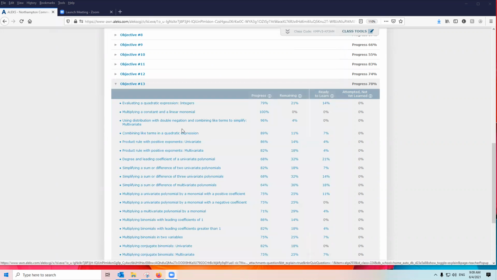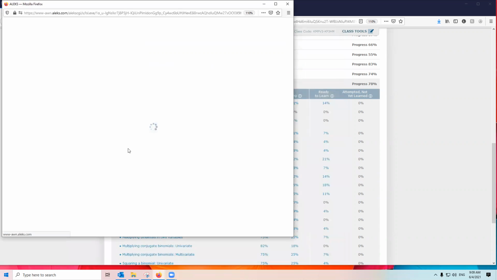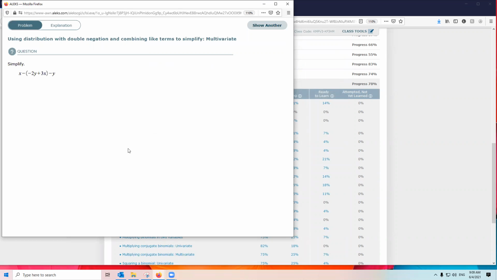All right, let's go to using this distributive property. In this example, they're asking us to combine like terms. Remember, like terms means you have the same variable with the same exponent on it. So if I'm adding 3x plus 5x, the variable part is exactly the same.